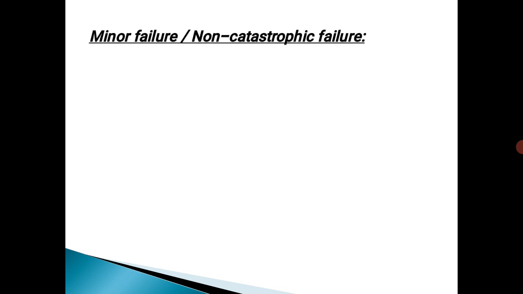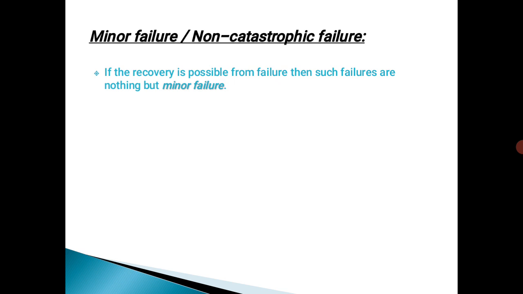Minor or non-catastrophic failure: if recovery is possible from the failure, then such failure is nothing but minor failure. System crash: if the computer system produces an error in the software, hardware or network, then this type of failure is generated.